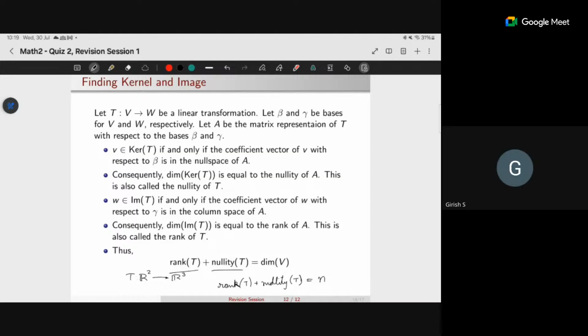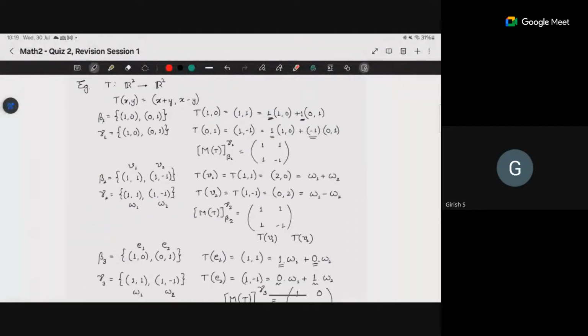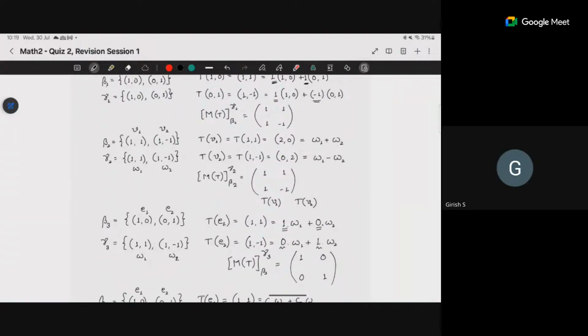Certain basis. So even in the example that we did, we saw that we got the matrix representation as identity. Here I did not make any smart choice. It just so happened. But you want the matrix representation to be as simple as possible for reasons that you'll see in further courses.